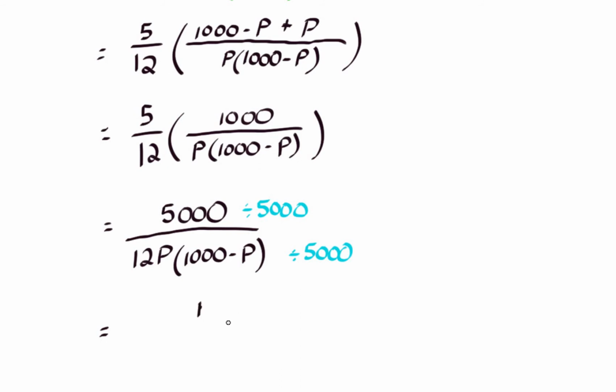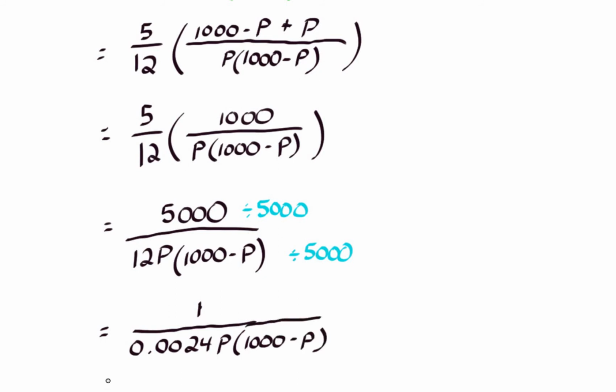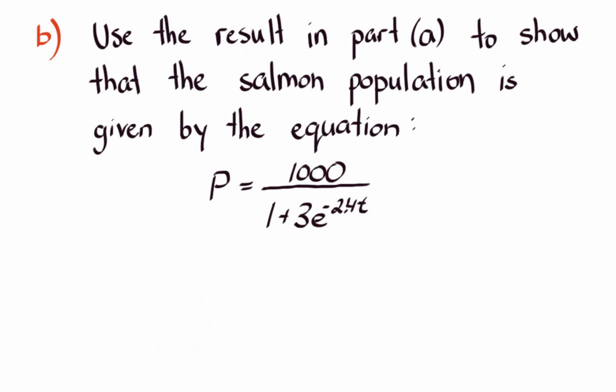So we've done it. We have shown our right hand side is equal to our left hand side. So just writing out that final step and then stating that this is equal to the left hand side. Alright, that's part A done.